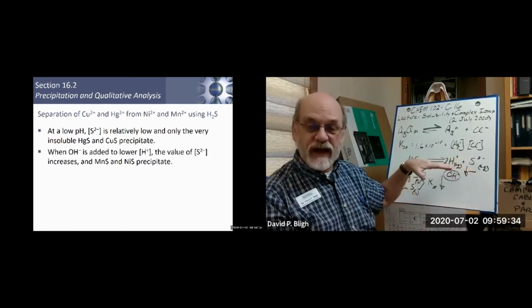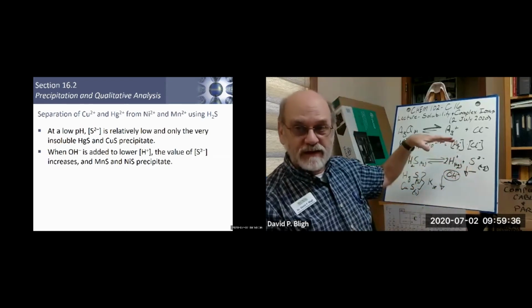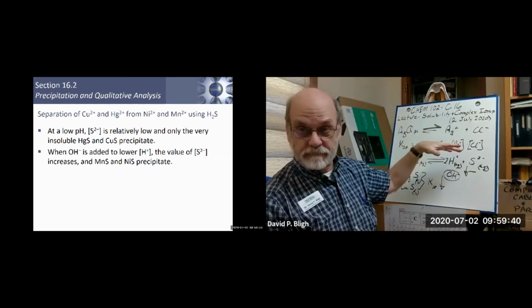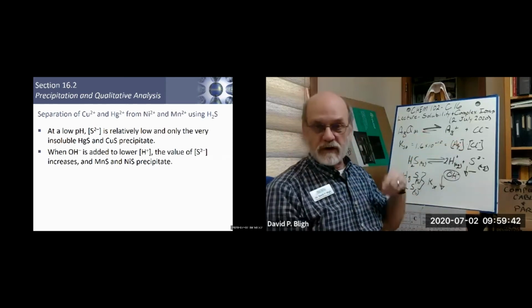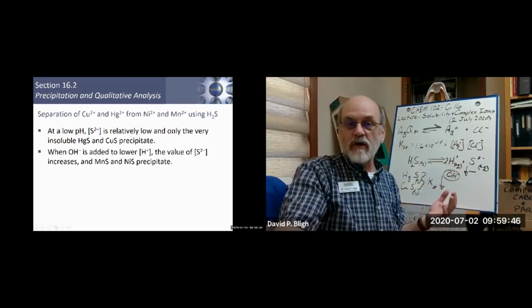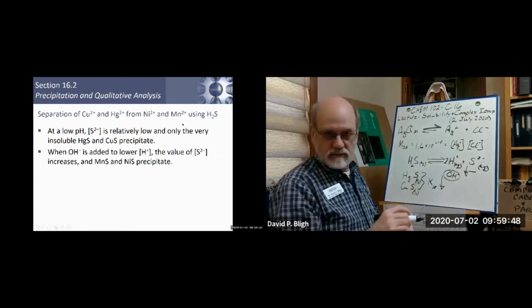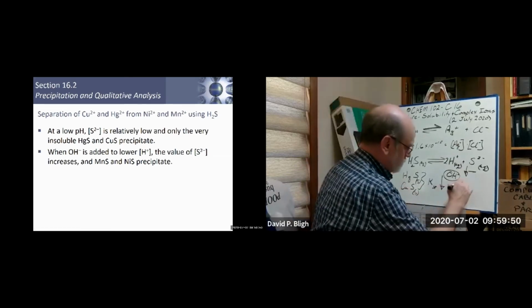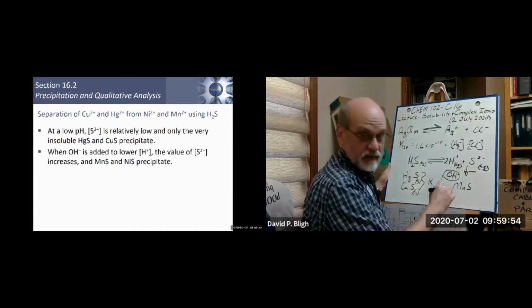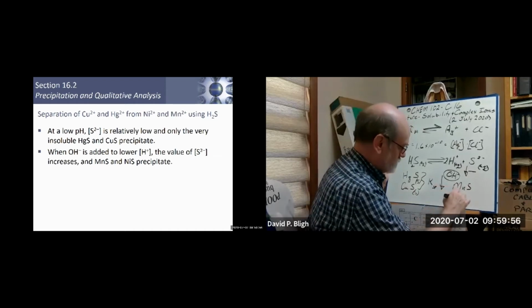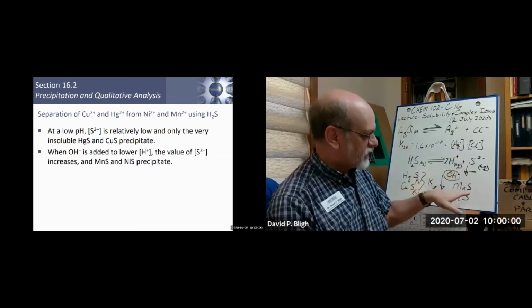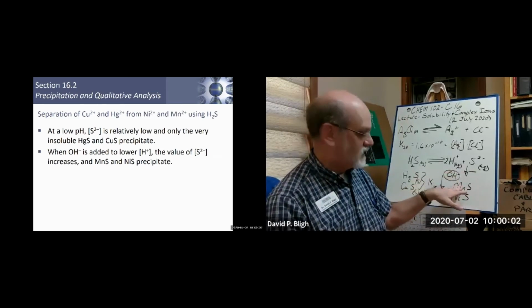Now with the sulfide ion concentration high, your Q value is elevated to the point where it exceeds the K value for the other metals and nickel. Right? So now the Q exceeds the K for these two, and they precipitate.